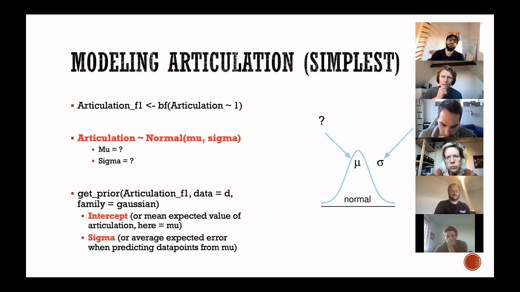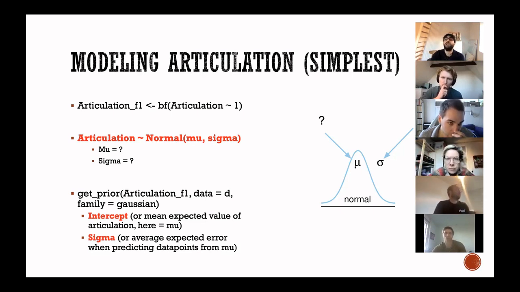And just to make these very explicit, what is the intercept or mu, right? It's the mean expected value of articulation. That is, if we didn't know anything else, what would we expect the vowel space area to be when we sample a new participant? While sigma is the average expected error when predicting data points from the mean.